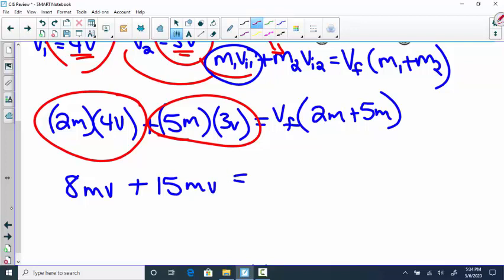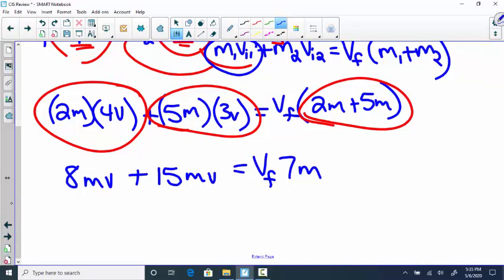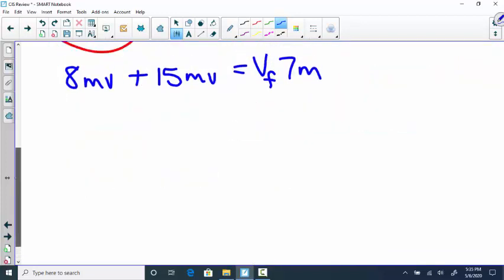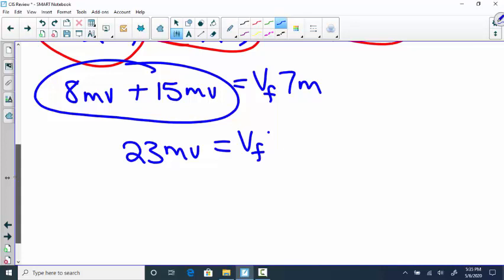And then here, 2m plus 5m is 7m, so v final times 7m. Okay? Now, I have an equation right here that has like terms. So 8mv plus 15mv is 23mv. That equals v final times 7m.